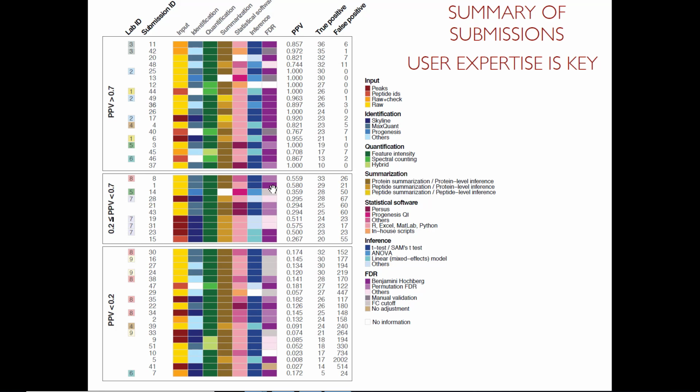Also, what we noticed is that sometimes people tried to answer the questions that we asked, but their answer didn't really match the question, which made us realize that maybe people didn't quite know what they were doing in detail. For example, they didn't know what a certain software was actually doing and how it corresponded to that particular question. So the biggest conclusion here was that there are many ways to go about this problem, and there are many different options.